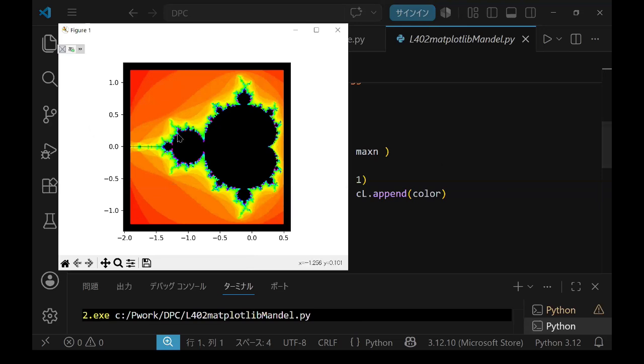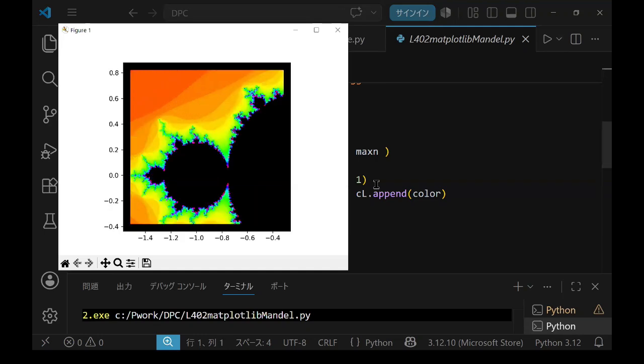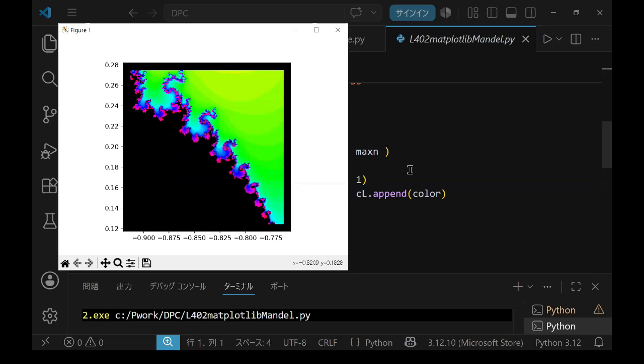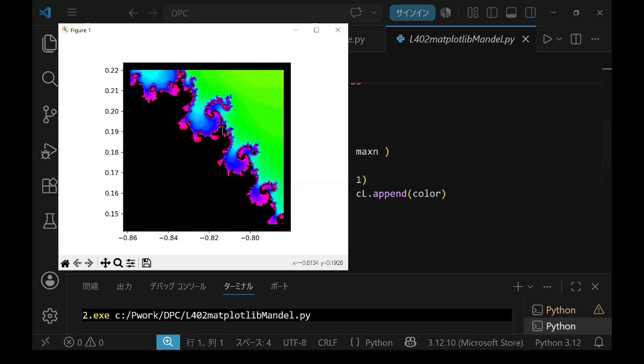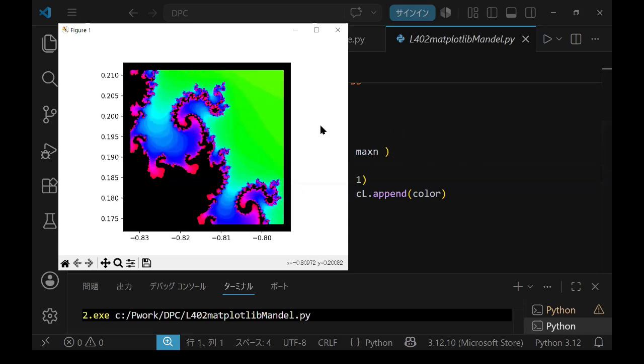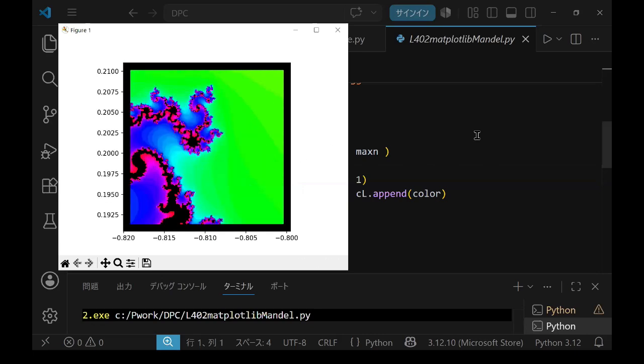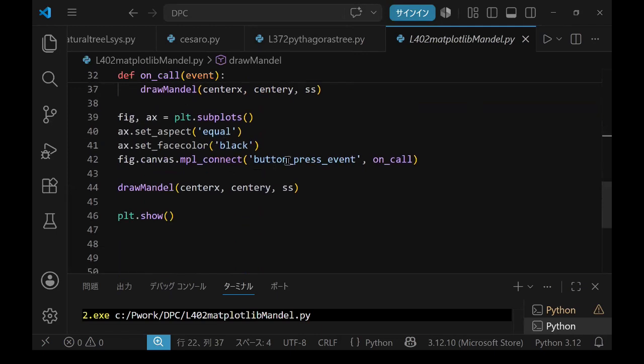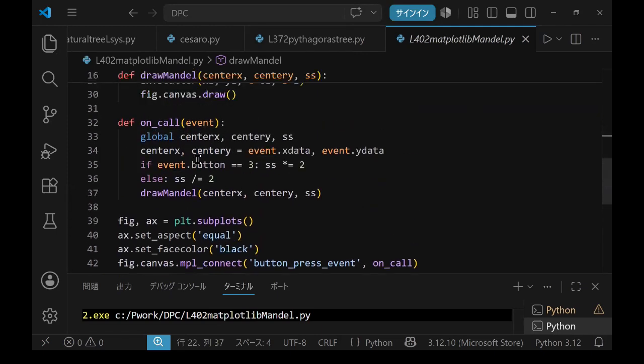And my trick is, if you click here, you can zoom in to its neighborhood. Of course, we have a large collection of animations out on the internet. But anyway, if you want, you can implement it like this. If you click on the stage, you have this kind of event-driven magnification, zoom in or zoom out.